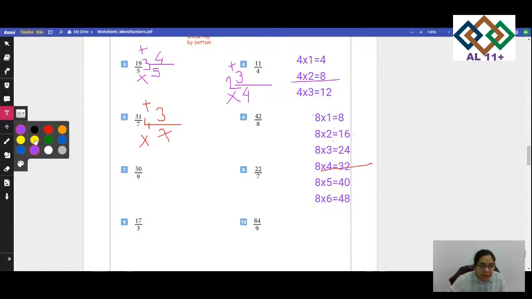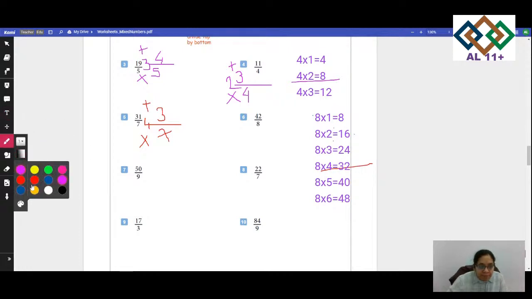So again, you're going to write 8 on the bottom. What in 8 gives you 40? 8 fives are 40. Remember, you have to multiply the bottom and you need to add the top. 5 eights are 40.